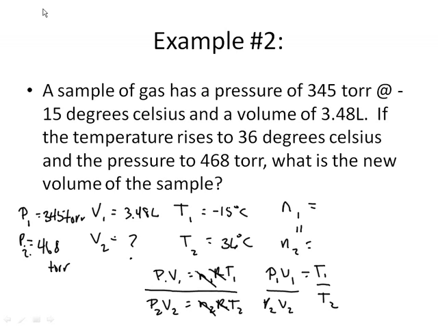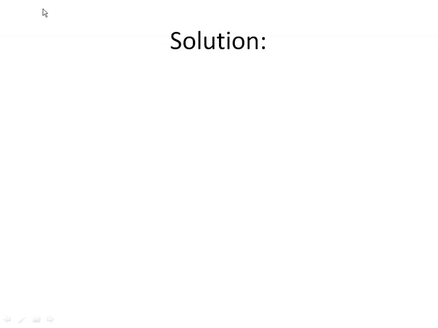Now, the question asked me for the new volume of the sample. So what I need to solve for is V2. Let me rewrite this. So P1 V1 over T1 equals P2 V2 over T2.